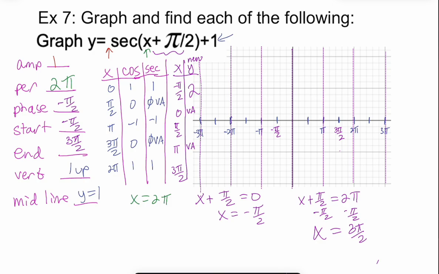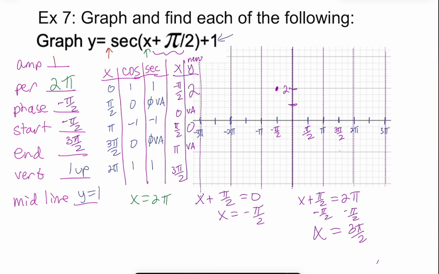So let's go over to negative pi over 2, and let's go 1, 2. Let's make that 2. So we are at a bump of 2. At pi over 2, the old secant value was -1. The old value was -1 plus 1 is 0.